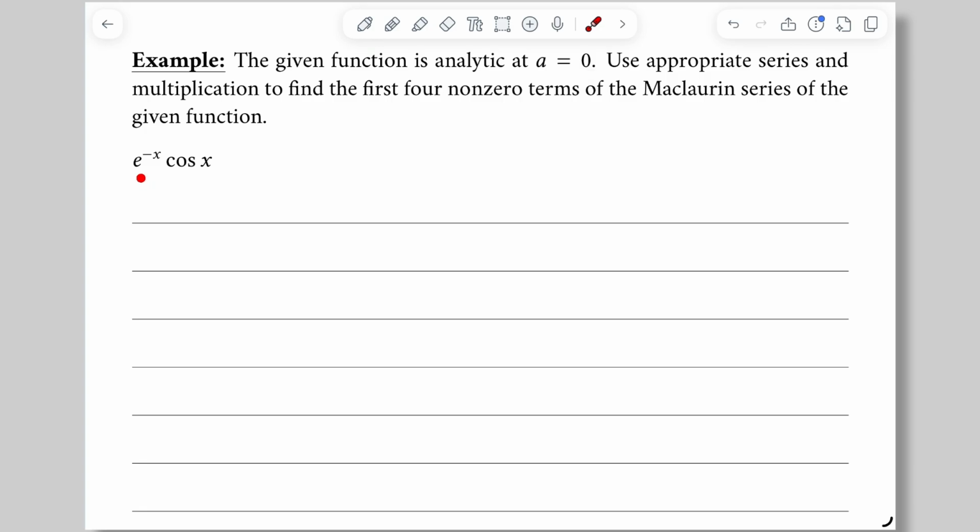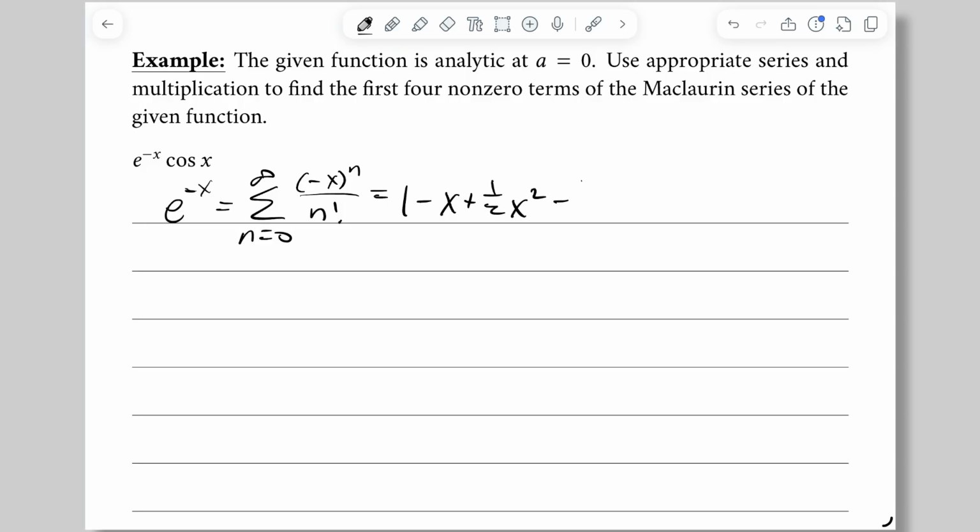Our function is e to the negative x times the cosine of x. E to the negative x has a power series representation: the sum, as n goes from 0 to infinity, of negative x to the n divided by n factorial. And that equals 1 minus x plus 1/2 x squared minus 1 over 6 x cubed, and so on.